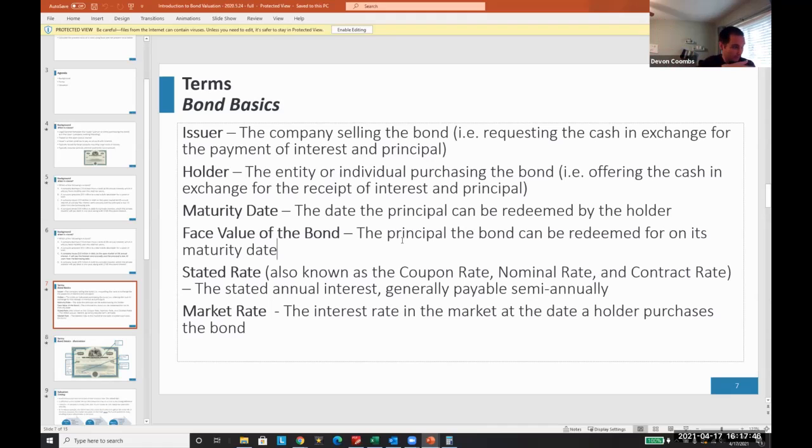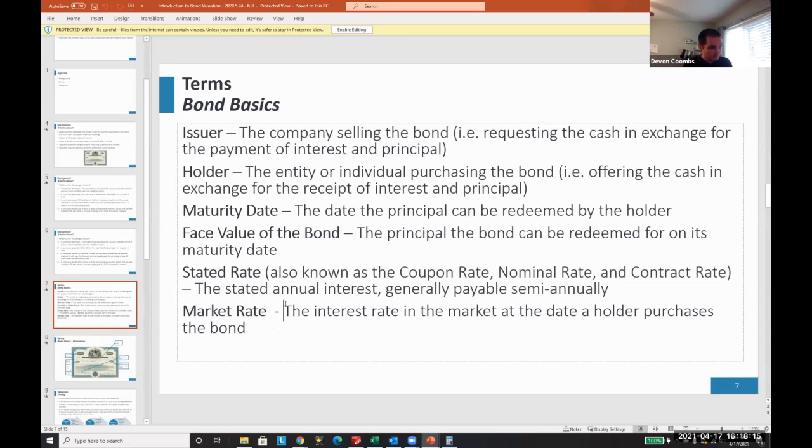We'll go into this in detail in the next ones. Just know right now that the face value, what's written on the bond, can be different than the value in the marketplace. Does that make sense? Just know that's a fact, and we're going to explain why in the next few slides. I could buy a bond that has a face value of $10,000 for $5,000 or for $15,000, and we'll go into why that is.